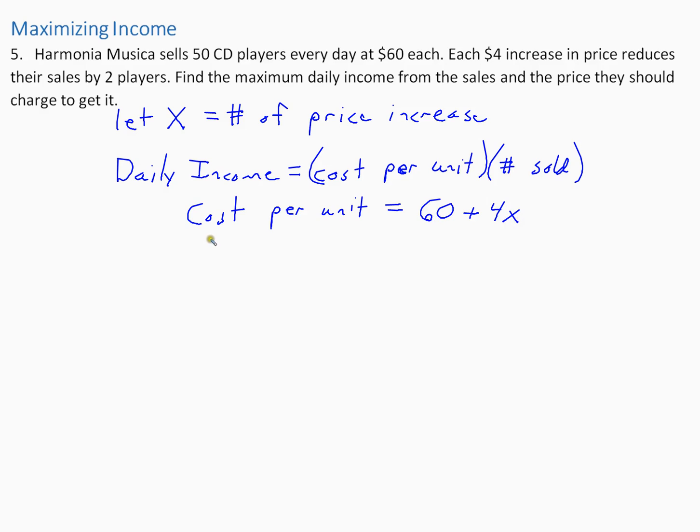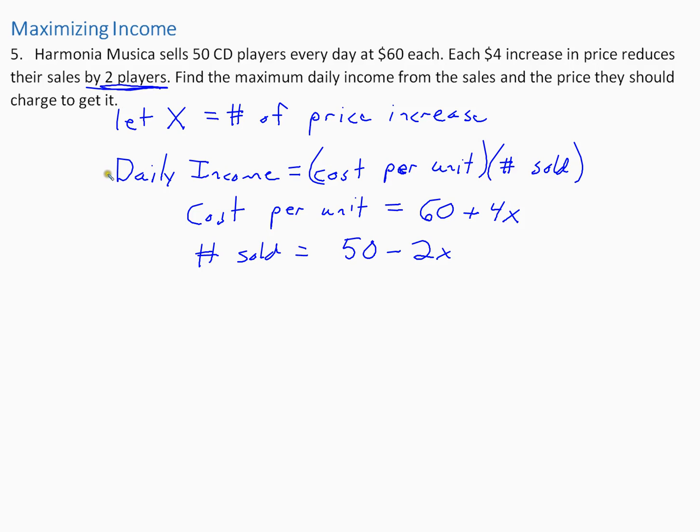And then the number of units sold, originally we're selling 50, but that number keeps going down by 2 CD players per price increase. So we're going to do 2 times x, because you have 2 fewer sales on each increase.